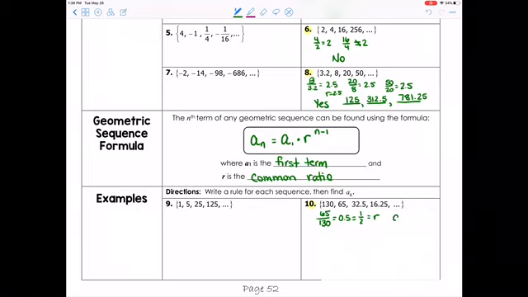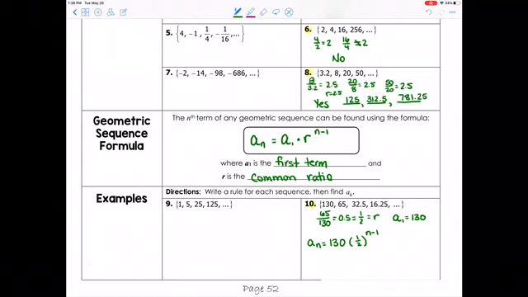Our first term is the first number in that sequence. So then the rule for our sequence, a sub n, is our first term, 130, times 1/2 to the n minus 1 power.